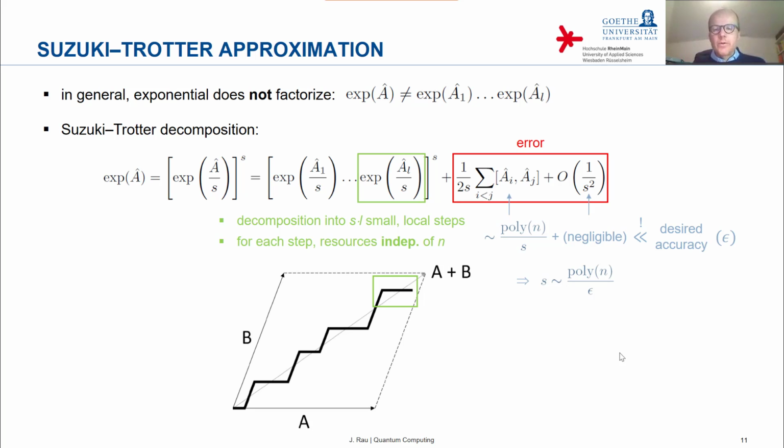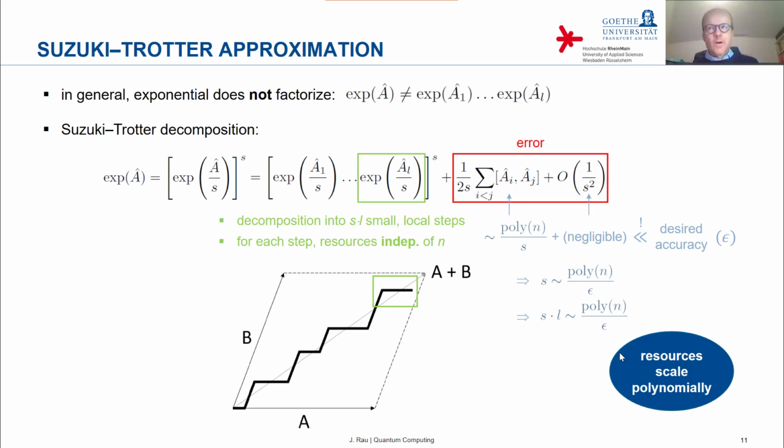So the product of the two, s times L, also scales polynomially with n. This means that the number of small local transformations in which we decompose our big time evolution operator, the number of small steps, scales polynomially with the number of particles. And this means that the overall resources that we need also scale only polynomially with the number of particles.